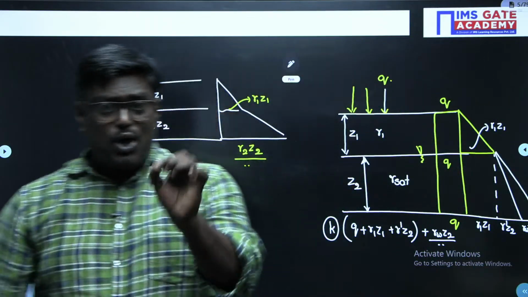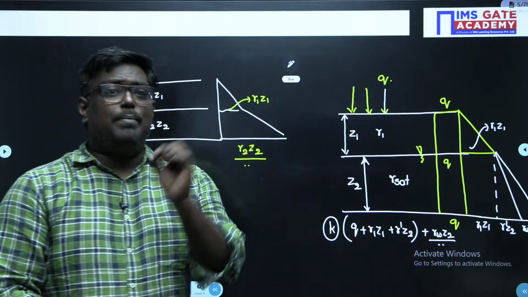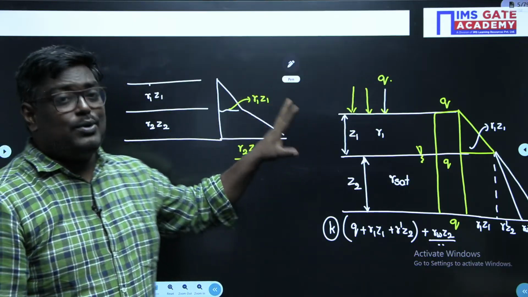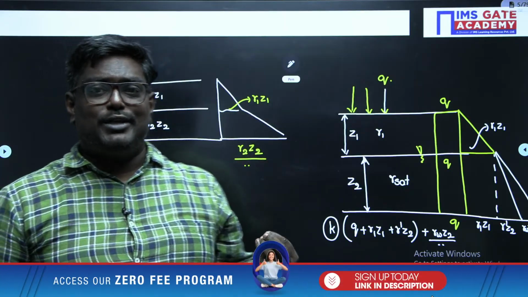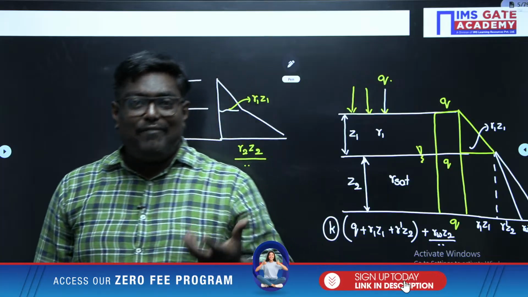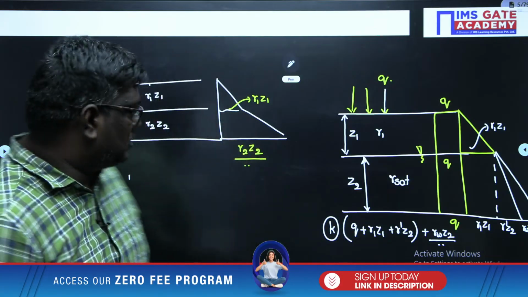Okay. So, whenever you are solving a problem on earth pressure, try to get an understanding of how to calculate the earth pressure, or how to calculate the effective stress or total stress.